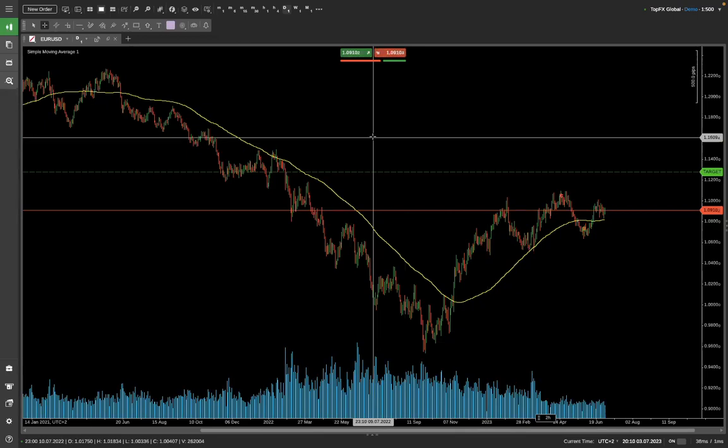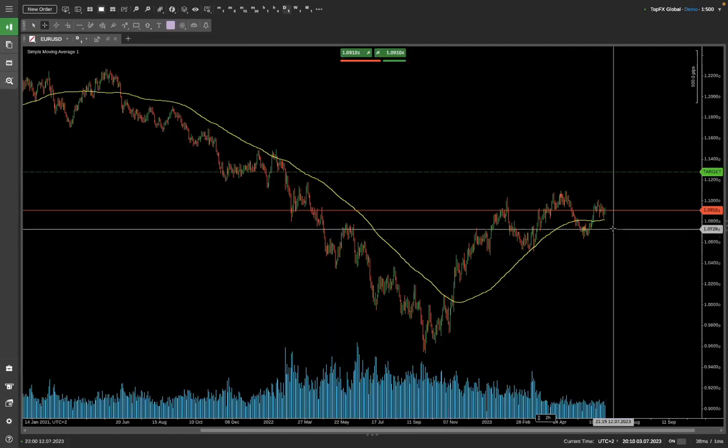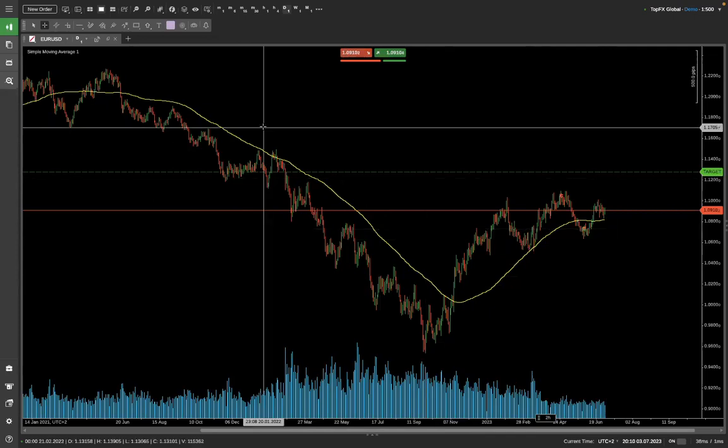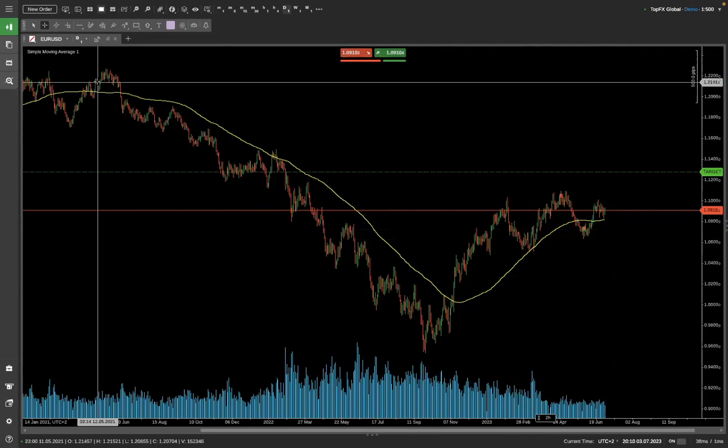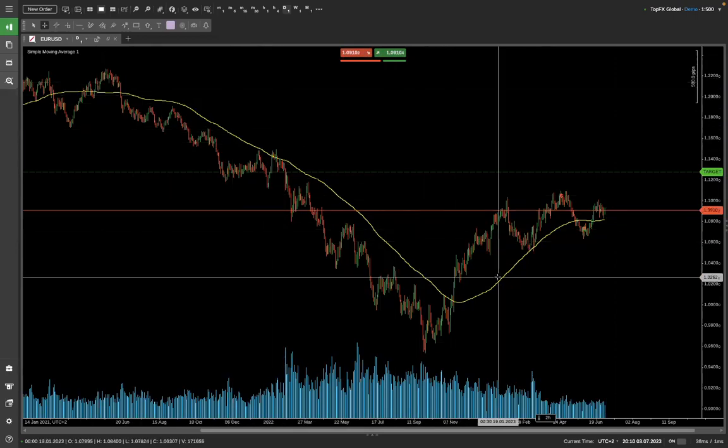The simple moving average, SMA, just the one we are using right now, the yellow one, and the exponential moving average, EMA. The SMA is just the average price over the whole time period you want to factor in for that market. For example, as we have 100 days, to calculate it, you just add the closing prices of those 100 days and divide by a total of 100, and there you go, you have the moving average.